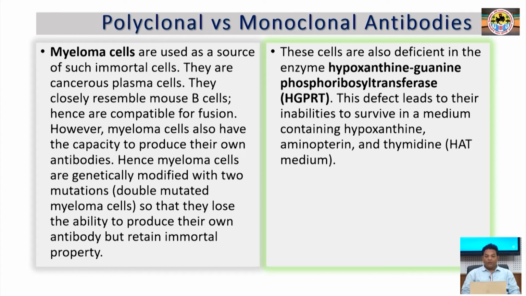Further, because our condition is that we need only the immortal property and do not want to produce antibody from the myeloma cell, we go to the biochemical level to see the role of the various enzymes. These cells are deficient in the enzyme hypoxanthine guanine phosphoribosyl transferase, HGPRT.